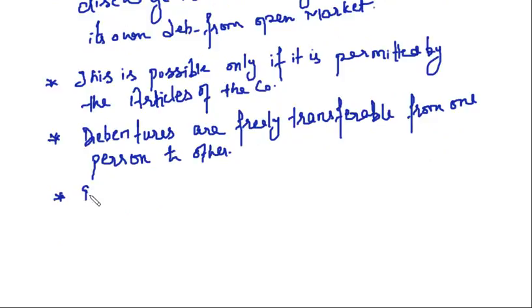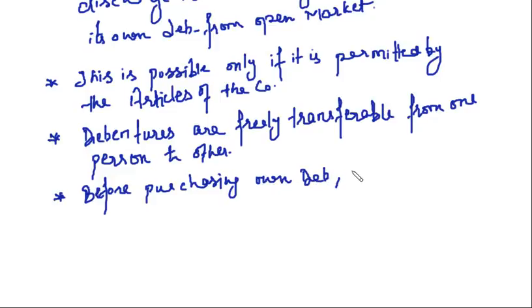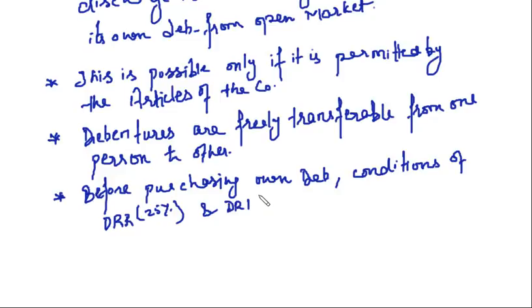Another point: before purchasing own debentures, the conditions of DRR, that is minimum 25%, and DRI, that is 15%, must be fulfilled, right?